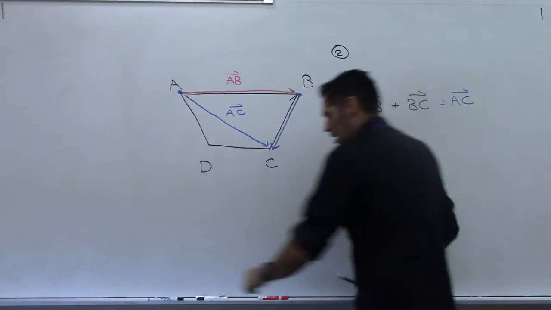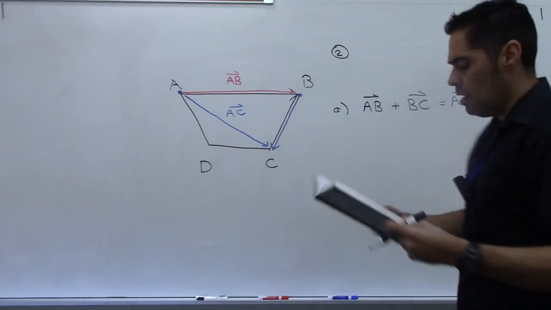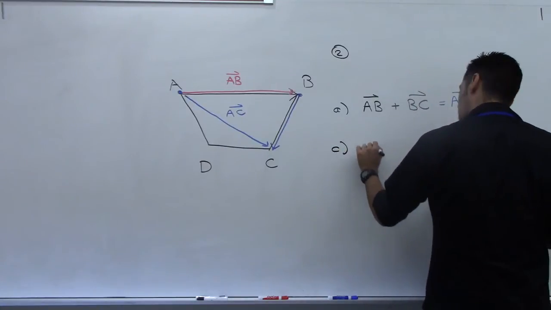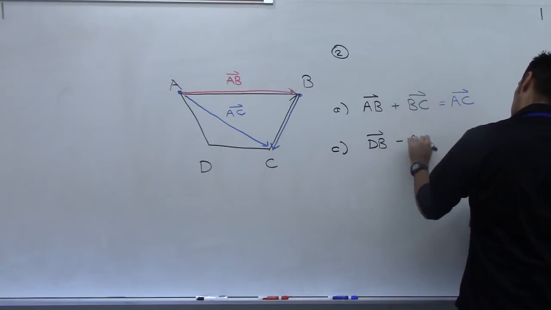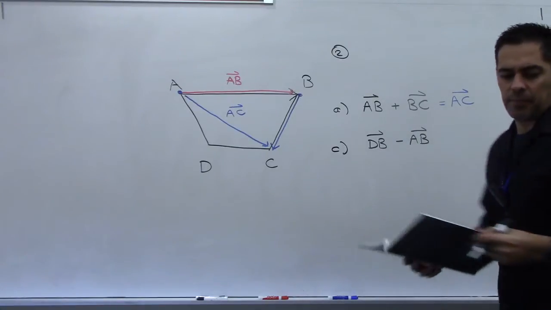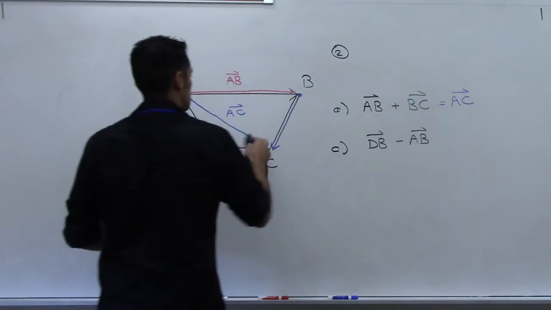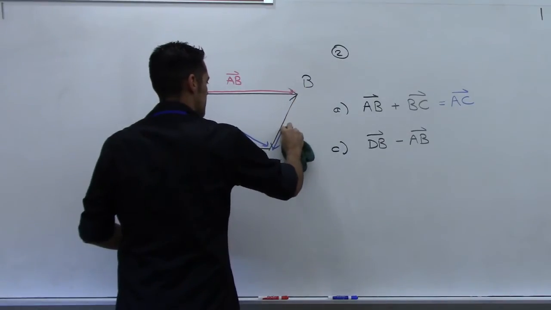So let's try and do, I think I'll do part B, and then I'll let you, no, I'll do C. C is a subtraction: the vector from D to B, minus the vector from A to B. So get rid of this one and this one.